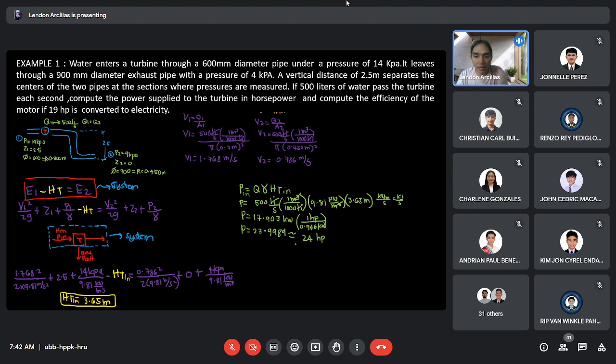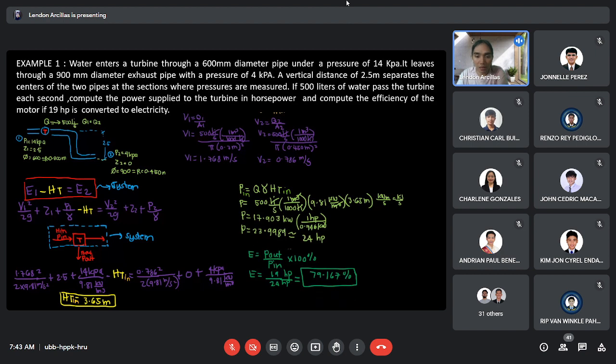So, convert this to HP because we still need to find the efficiency. Okay. And we were given 19 horsepower converted to electricity. This 19 horsepower is the P out. This is the converted electricity. Since we already have P in, we can get the P out for the efficiency.